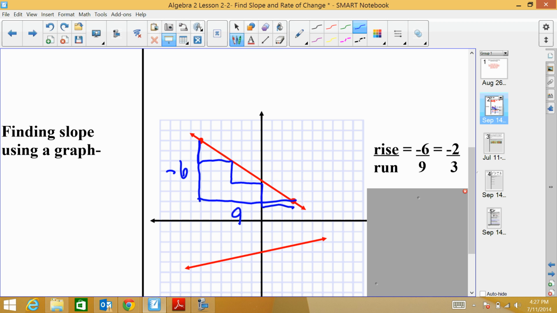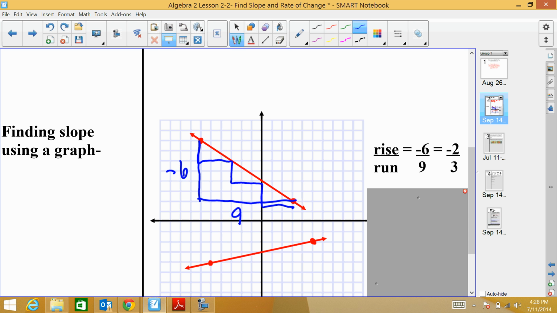Okay, for the second line, I need to pick 2 points and do the same thing. So I'm going to pick this point here and this point here. And notice I'm just picking points that I can find easily on the grid. So now I'm going to do the rise over run again. Notice this one goes uphill, so I'm going to have a positive slope.